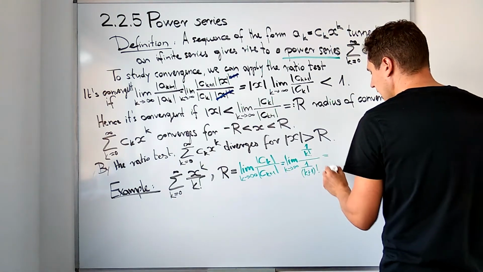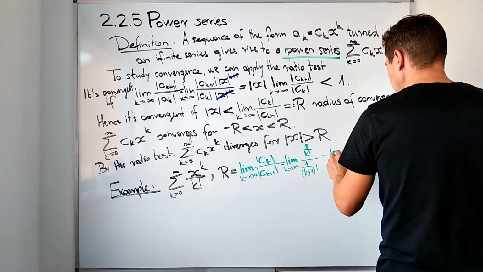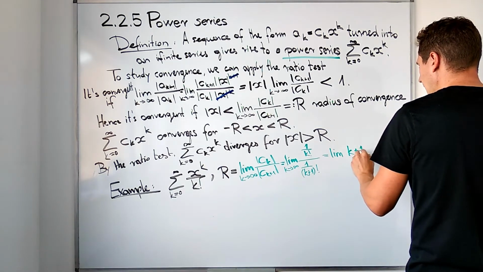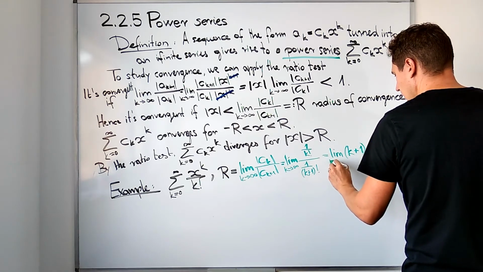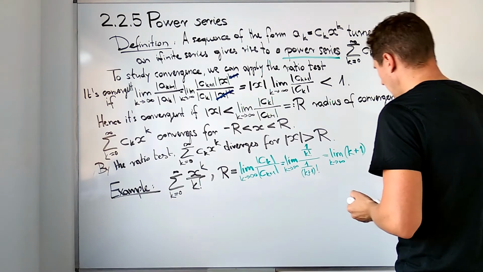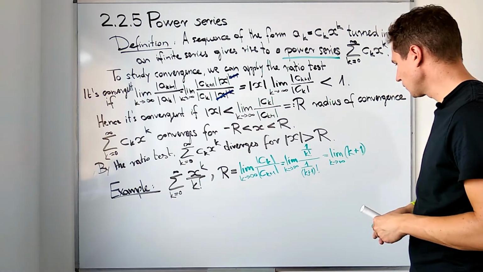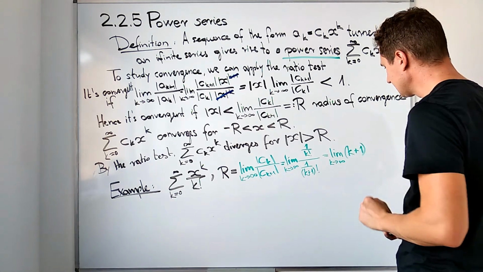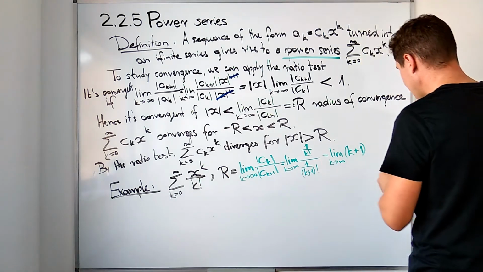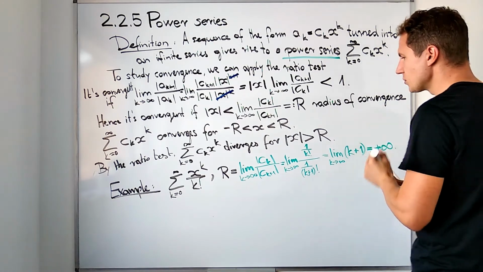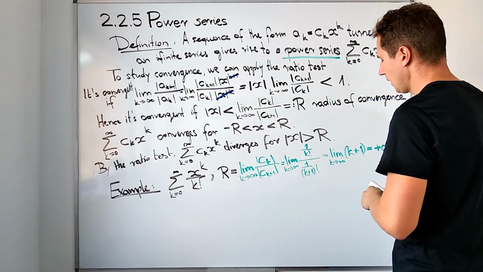Now of course we can simplify with k factorial to gain this expression for our sequence, the limit of which we are interested in, and this sequence diverges to plus infinity. Okay, so this is a divergent sequence that we had to calculate.